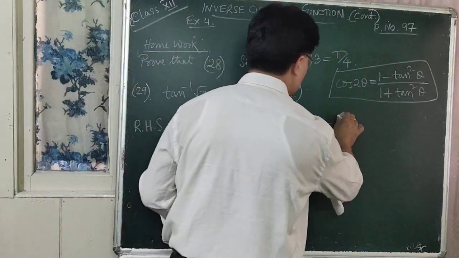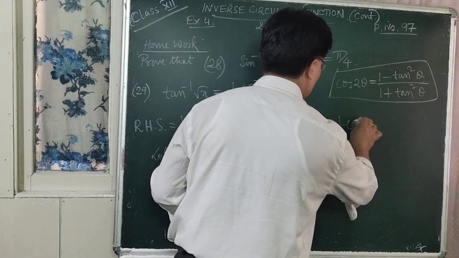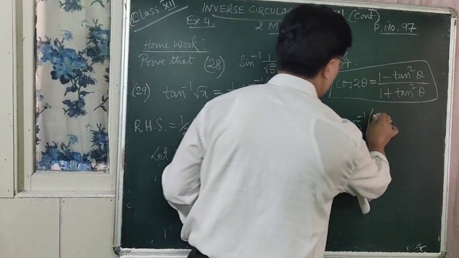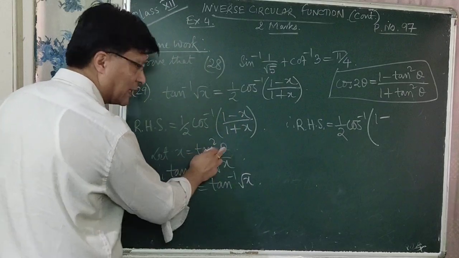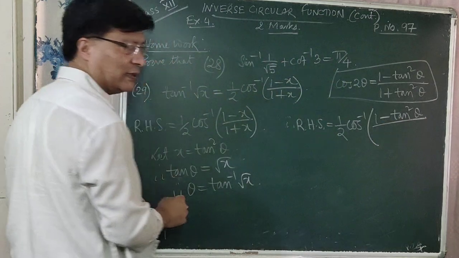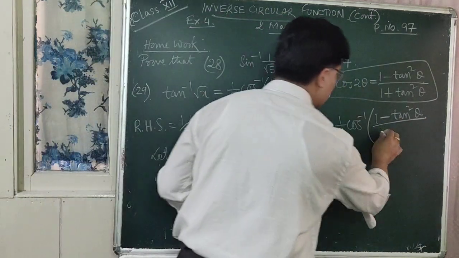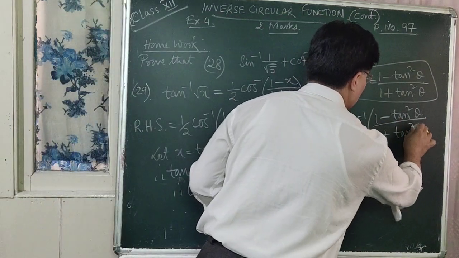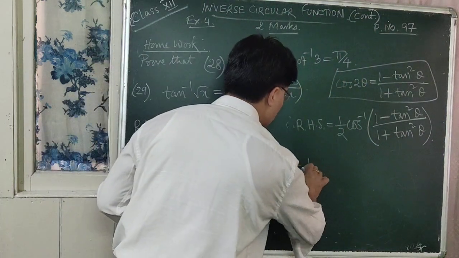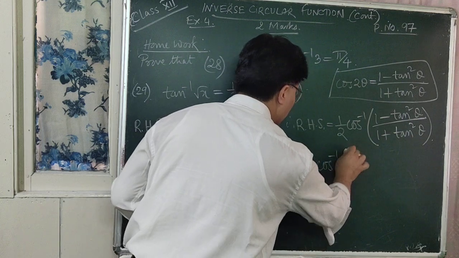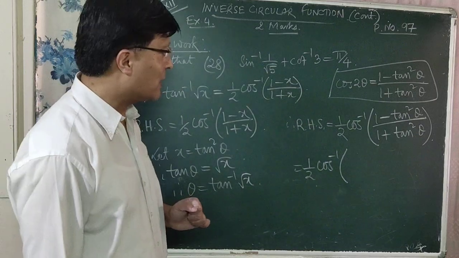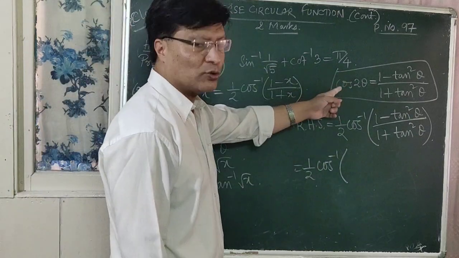So right hand side is equal to half cos inverse within bracket (1 minus tan square theta) divided by (1 plus tan square theta), right? So within bracket, what is the formula for 1 minus tan square theta divided by 1 plus tan square theta? It is cos 2 theta.